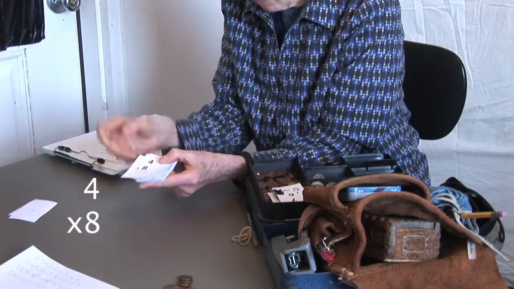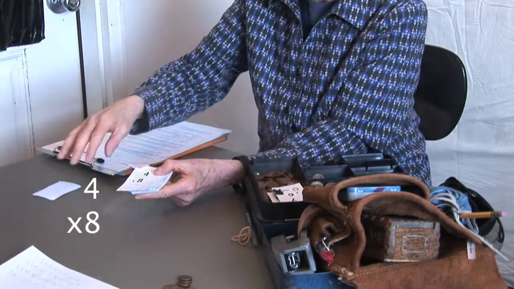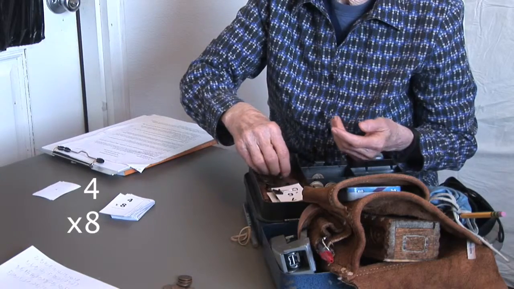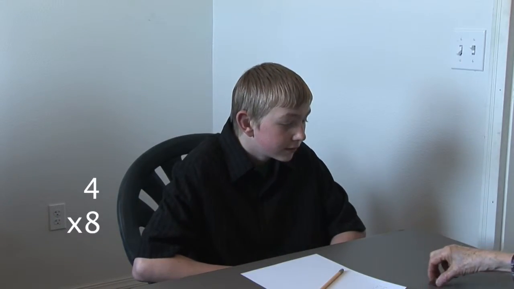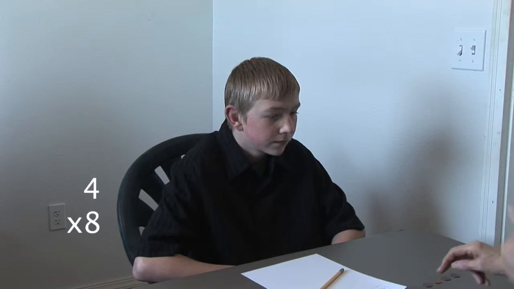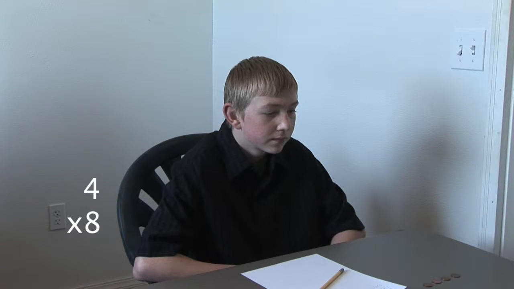We're going to go through the skip counting pile. If you miss it, it goes in a missed pile. 4 times 6? 24. Yeah. Okay, so that one we're going to try. Do you want to skip count by 4s or 8s? 4s. So I'm going to give you 4 pennies. And on your fingers, when you go 1, 2, 3, 4, that's 1 time. How many times are you going to skip count by 4s? 8.